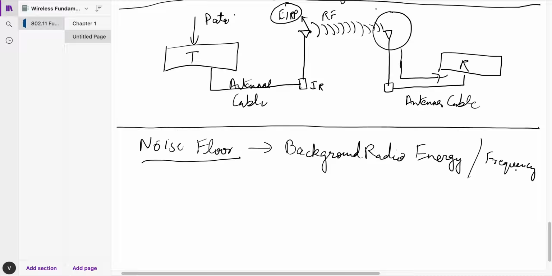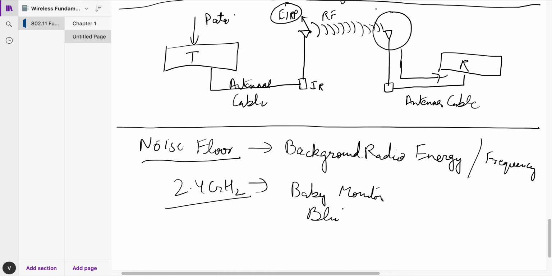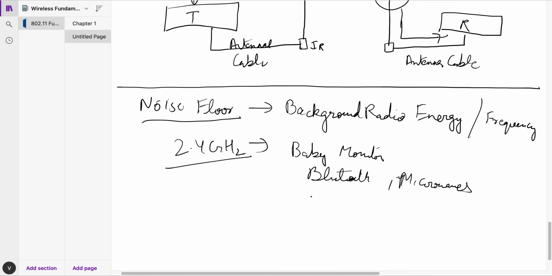frequency. Okay. So anything electromagnetic has the potential of raising the amplitude of the noise floor on a specific frequency. Let's say, if you talk about 2.4 gigahertz, we say yes, on 2.4 gigahertz, we have baby monitors, we have Bluetooth, we have microwaves, or we have other APs which are transmitting on 2.4 also, other access points also.